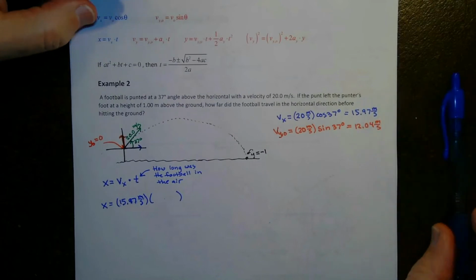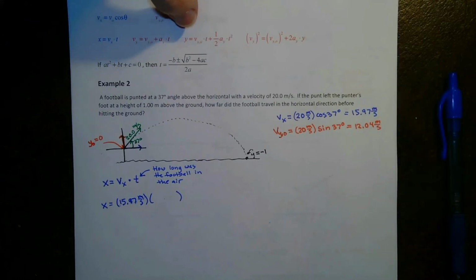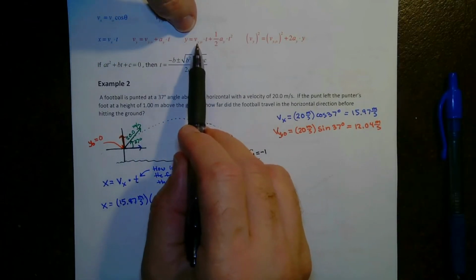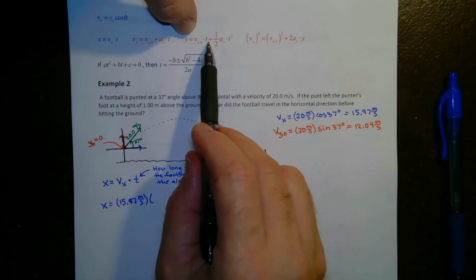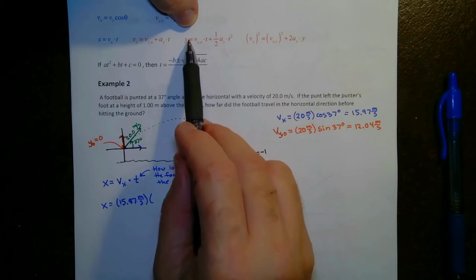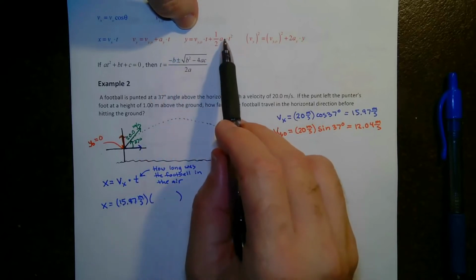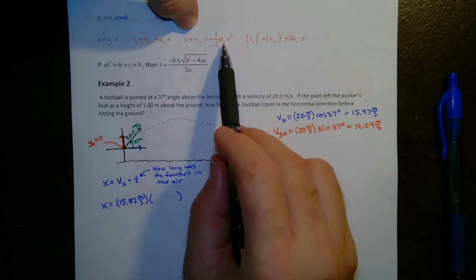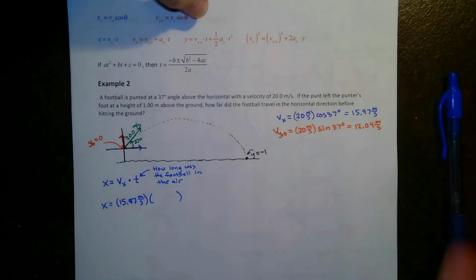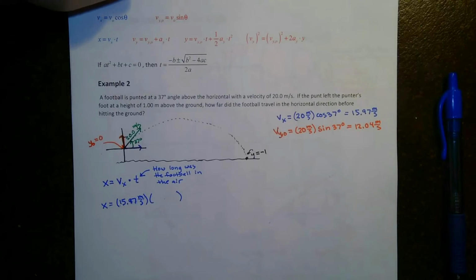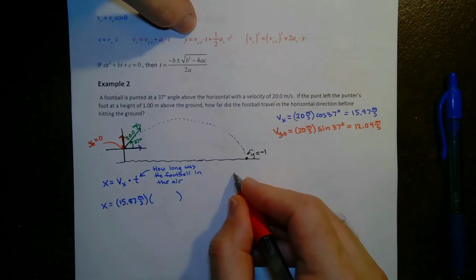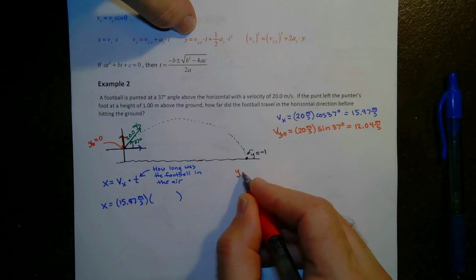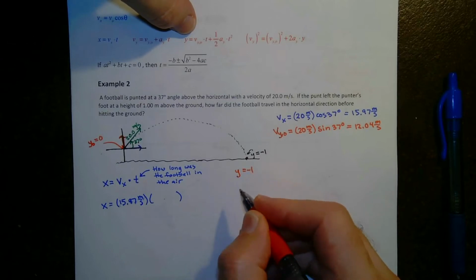All right, so that means I can go back, and I know my initial vertical velocity. I don't know my time here. I know this is -1. I know my acceleration vertically is -9.8, and I have t squared. So I know y is equal to -1.